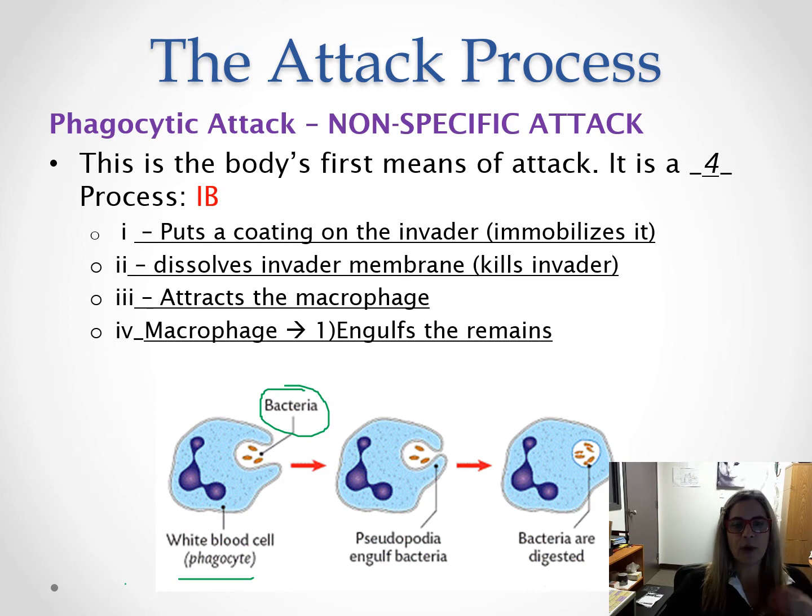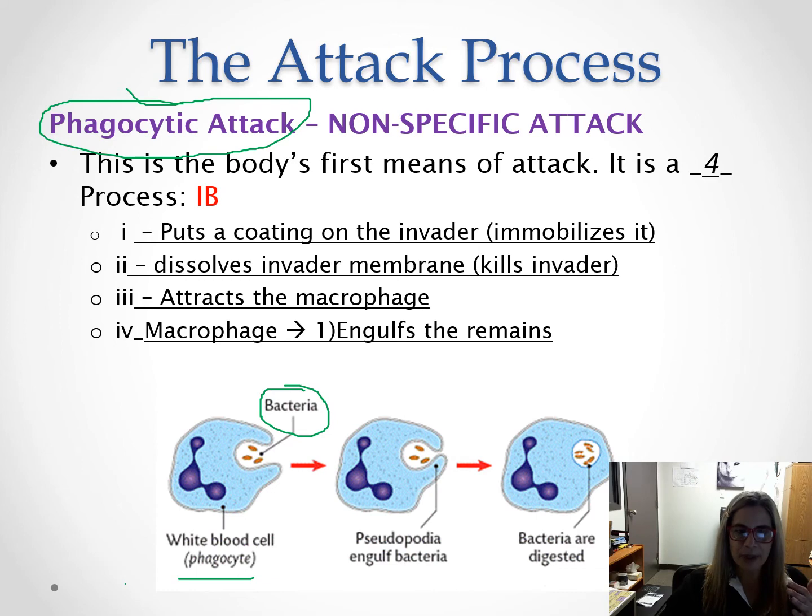So one thing to remember about the phagocytic attack is the macrophages are always engaged first, because we don't actually make antibodies until our macrophages are overpowered. So if the pathogen is really, really strong, and you have a super high viral load or bacterial load, then sometimes the macrophages can't do what they are supposed to do in terms of keeping on top of that infection.